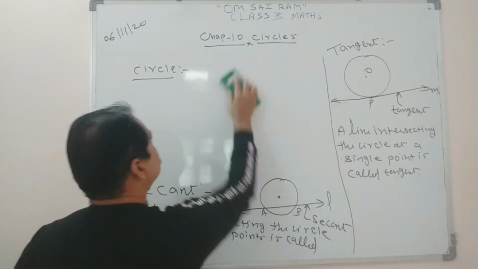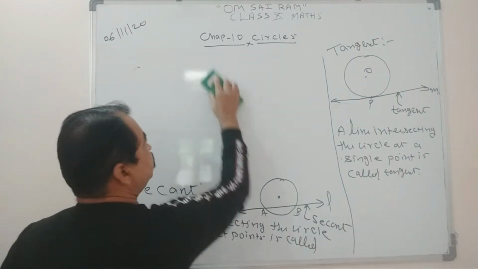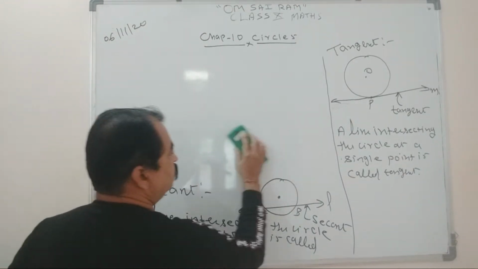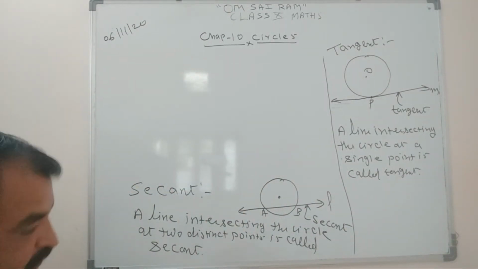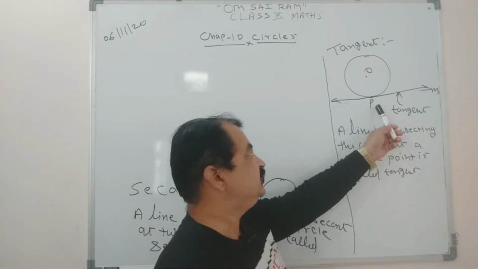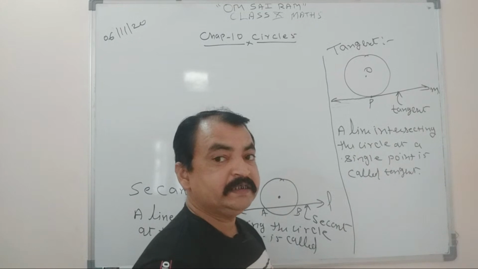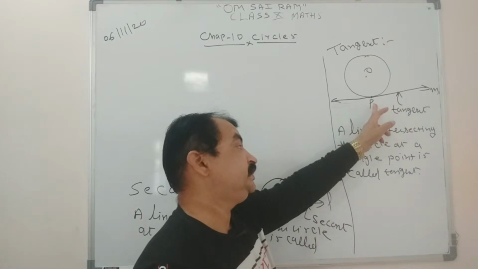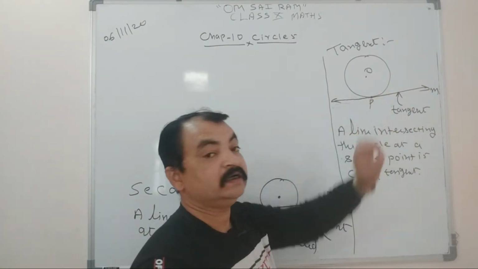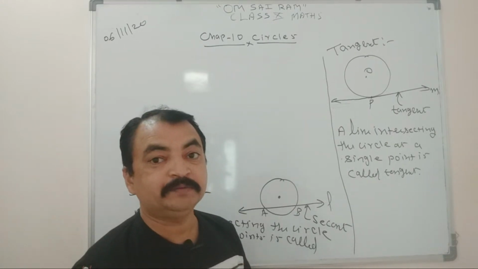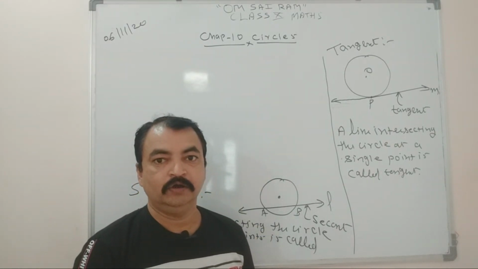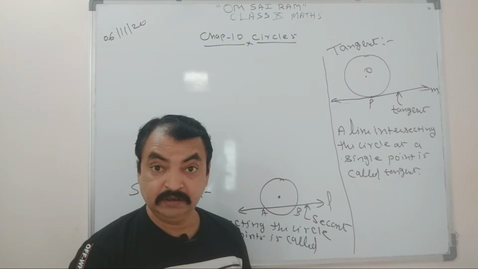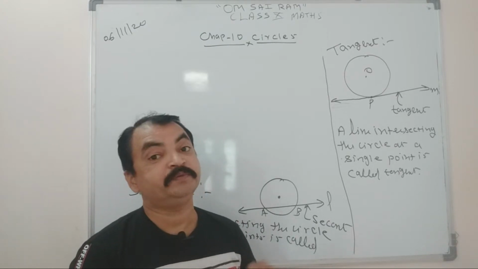If you can see, children, the point P, look at this figure, P is a point of the tangent, but children, P is a point of the circle also. That means P is a common point of the tangent as well as the circle. Right, children? So this point P has a special name, children.